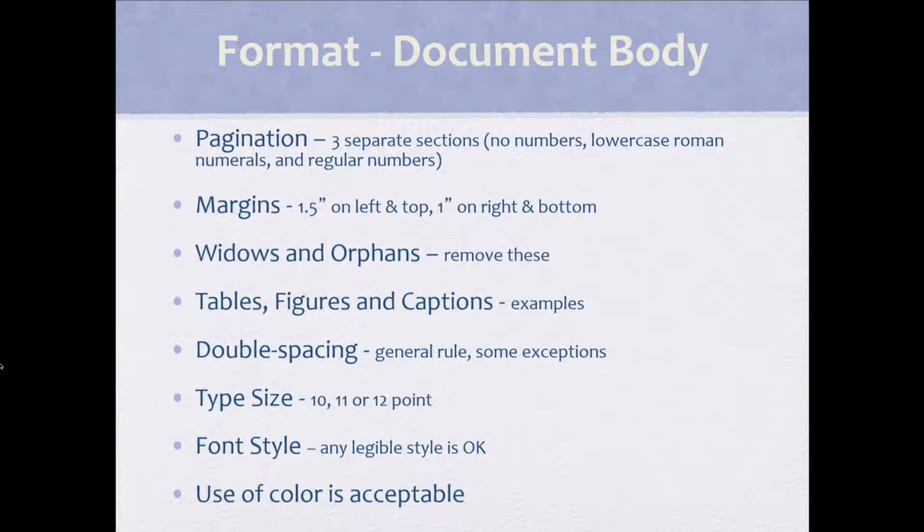This can be somewhat challenging to achieve sometimes, so we do have resources for you. We have templates on the filing resources page of our website that has this pagination already built into them. Another recommendation to achieve this is to create 3 separate files. So, one file with no pagination, one file with lowercase Roman numeral pagination, and one file with your regular numbers.